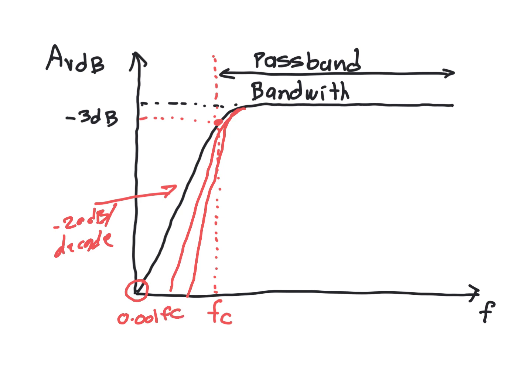So it'd be 1/1000th of FC, as opposed to the low pass filter, where it would be 1,000 times FC. So it's just sort of the opposite. And the gain is down 60 dB from whatever the gain was in the passband.